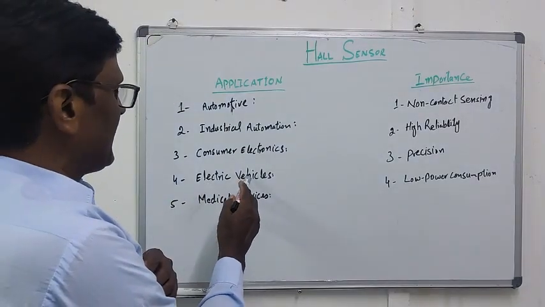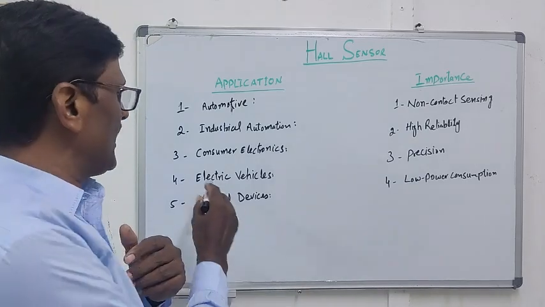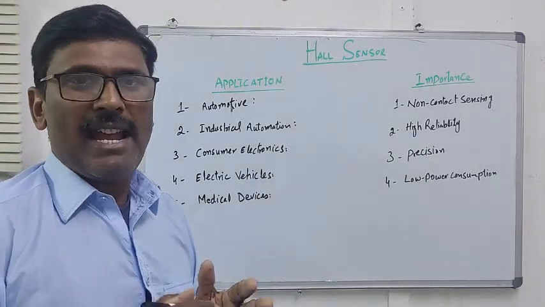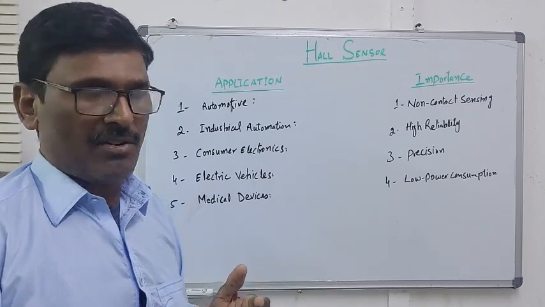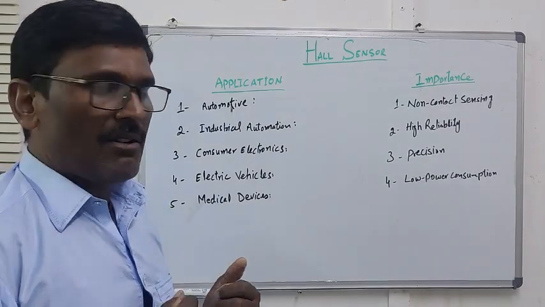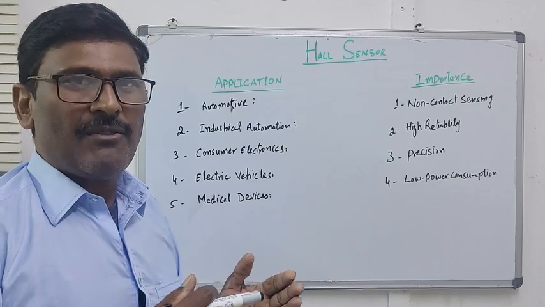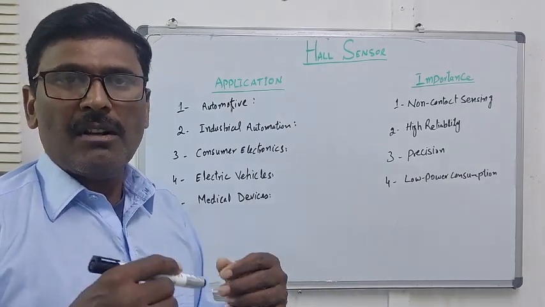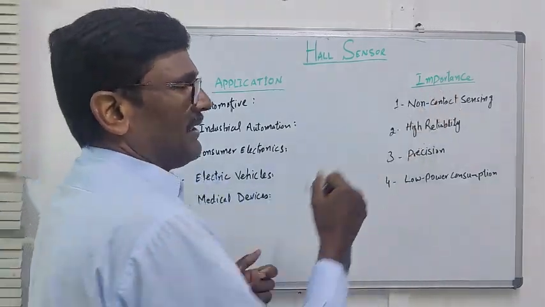Fourth is electric vehicles, where we use it for current sensing and for electric motor speed control. Fifth is medical devices, where we use it for imaging and for monitoring equipment.